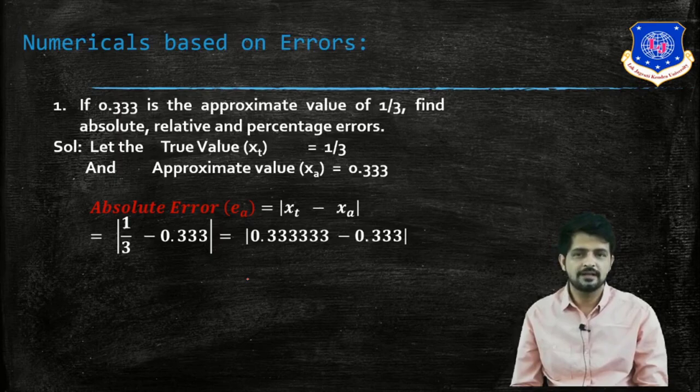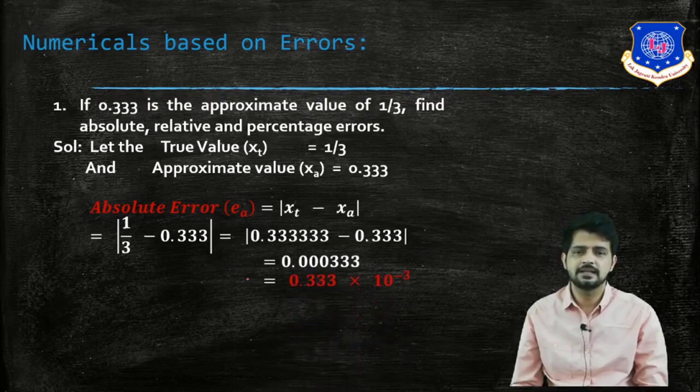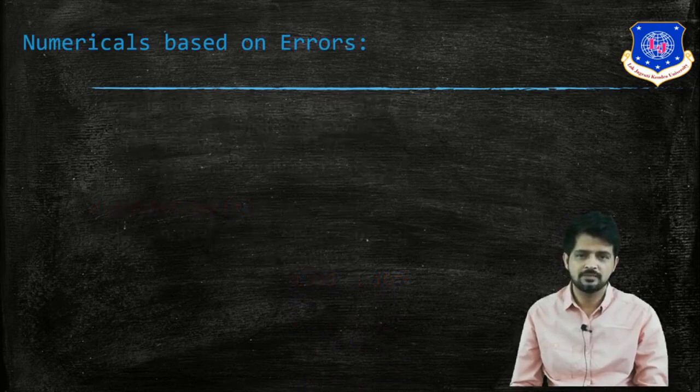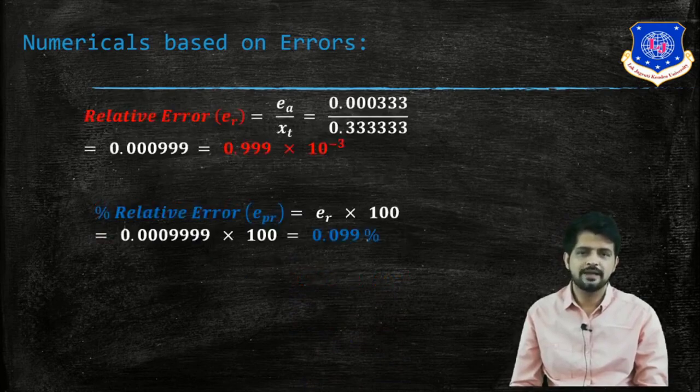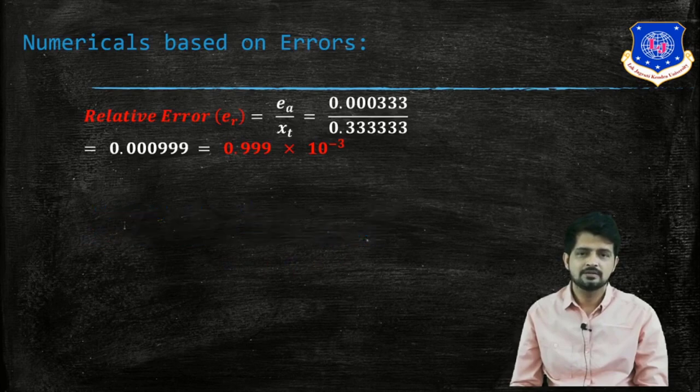So to find the absolute error, we have to simply subtract xa from xt. So we have to subtract 0.333 from 0.333333. My answer will be 0.000333. Okay, this is my absolute error. Then I have to find relative error. To find relative error, the formula is EA upon XT.